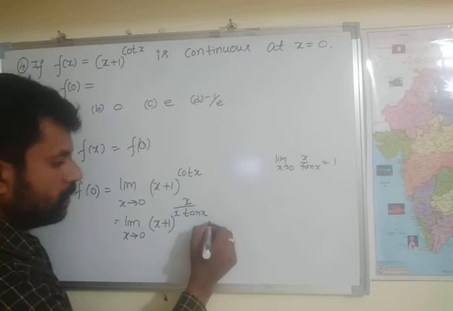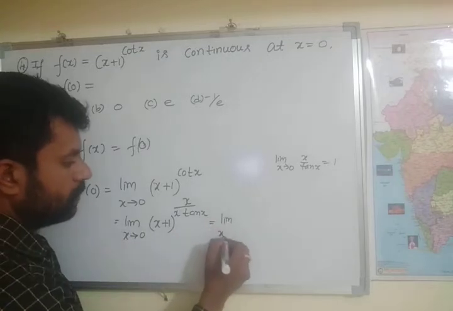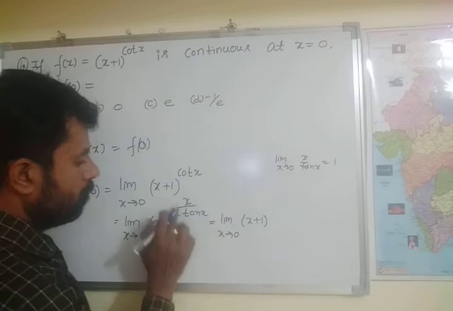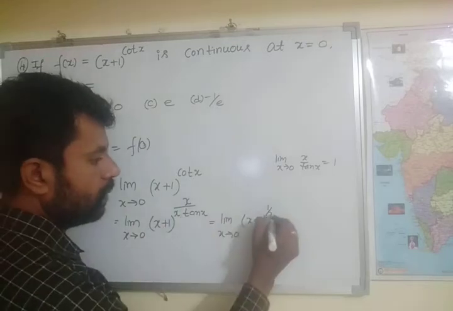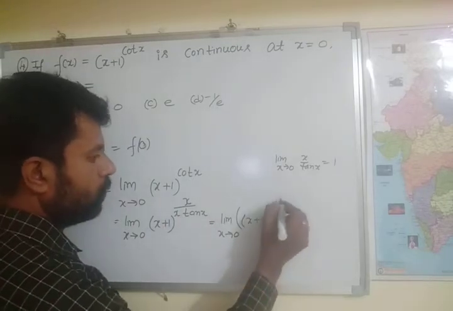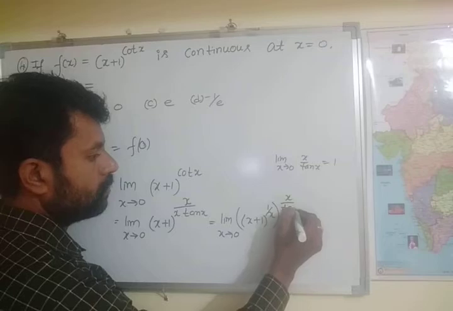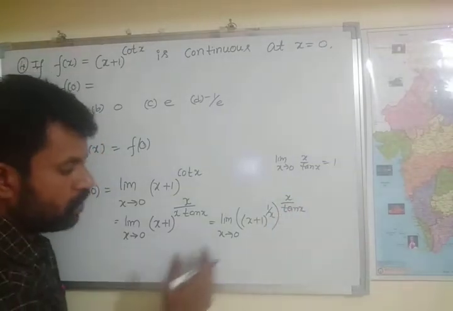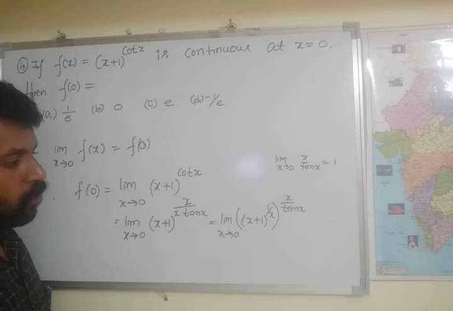Next, this result can also be written as the limit x tends to 0 of (x+1) to the power 1 divided by x, whole to the power x by tan x. Next step, now x approaches 0.